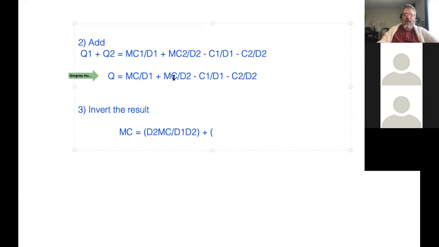What do you think I should multiply the second term by in order to get a common denominator? Just D1, right? Well, right, but I should actually be multiplying by D1 over D1. Oh, yeah. So right, because I have to multiply by 1. Yeah. So the result then should be D1 MC divided by, and I'll just write D1 times D2. Okay, that makes sense.